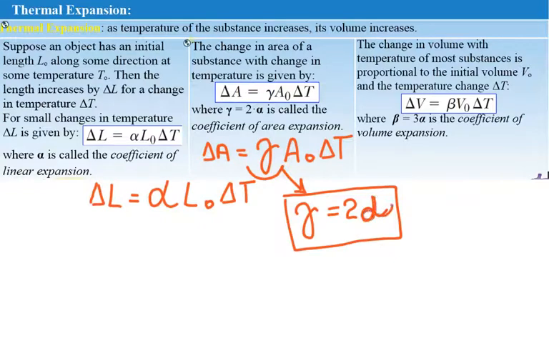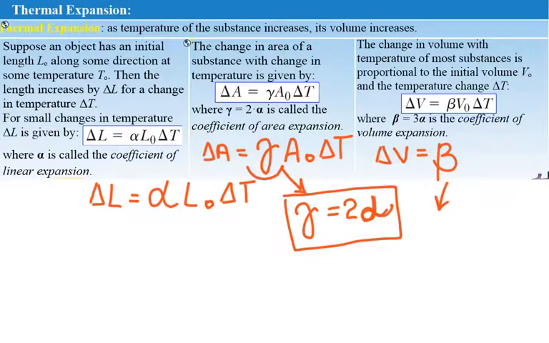And then the change in volume with the temperature of most substances is proportional to the initial volume and the temperature change. So if you're looking for the change of the volume, again, you take beta, and beta is the coefficient of volume expansion.